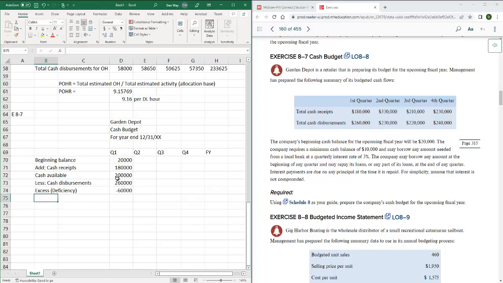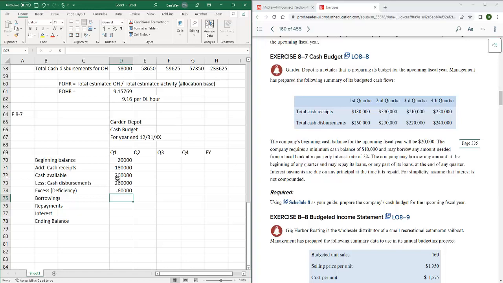Okay, so we're going to have a deficiency of $60,000. So we're going to have to borrow some money. I'm also going to leave some space for repayments of principal and interest to get us to our ending balance budget or expected.